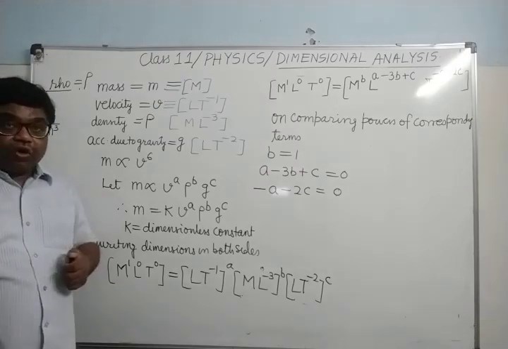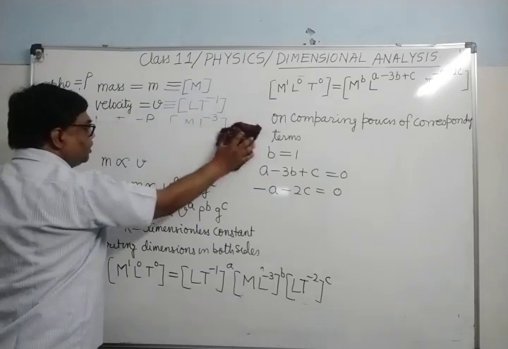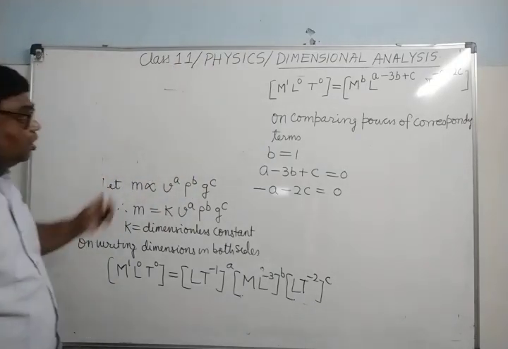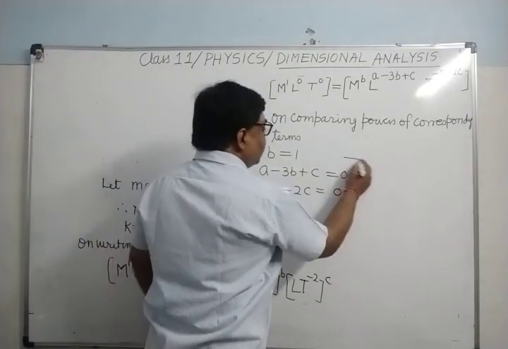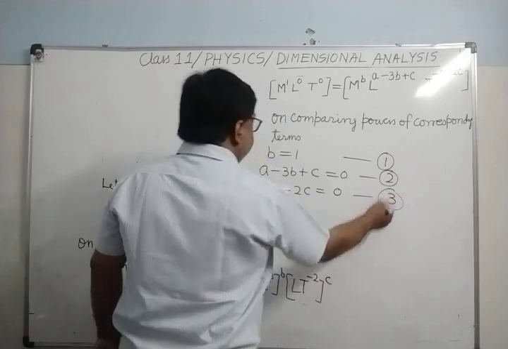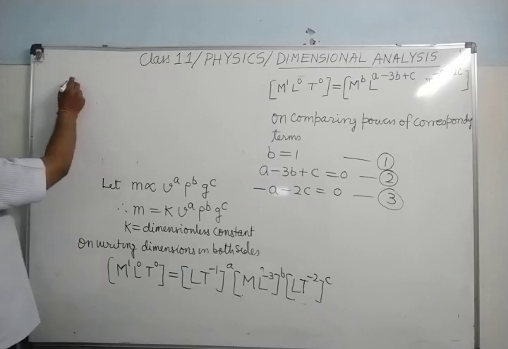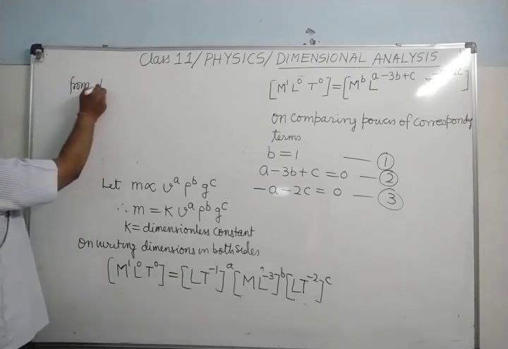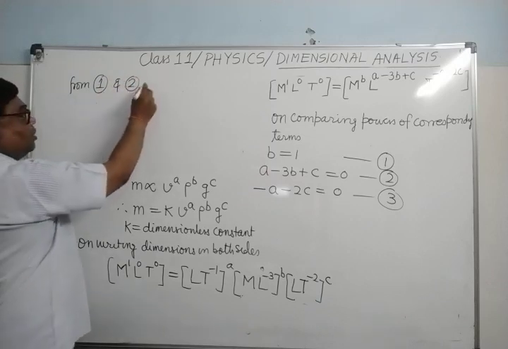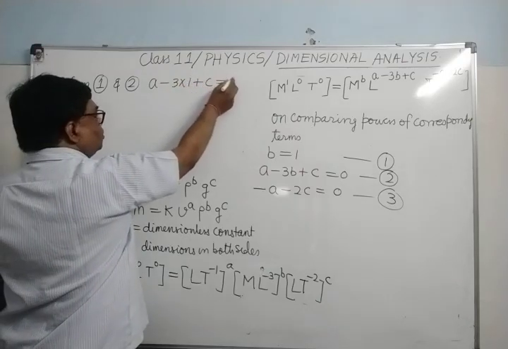Now you have to solve this. So how will you solve that? I am explaining here. It is very simple to solve. Now from equations 1 and 2, what will you get? a minus 3 into 1 plus c equals 0.